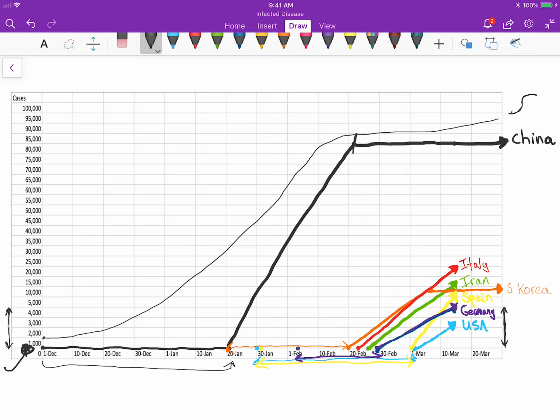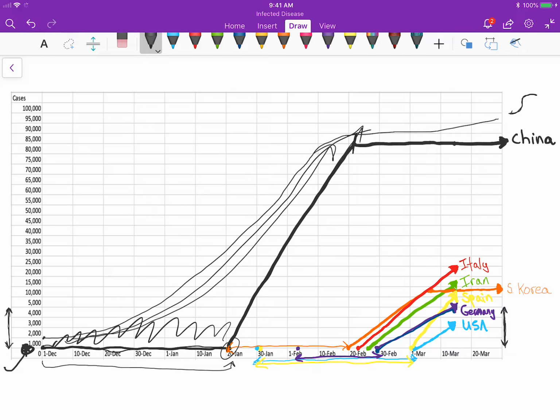So it's not like all of a sudden on January 20th these cases just shot up like this in one steady fashion. It's just that by the time it took for us to identify what was going on, there is a delay there, okay?